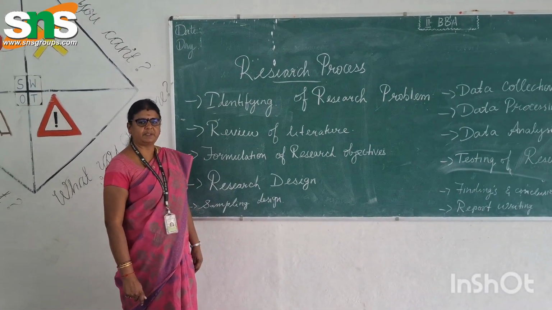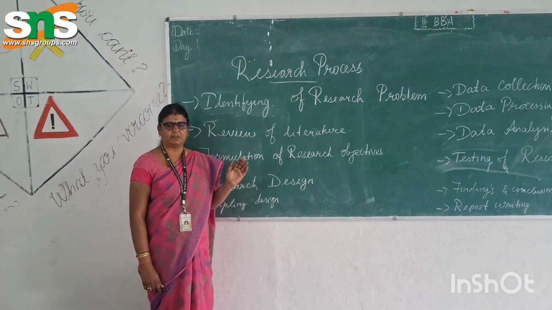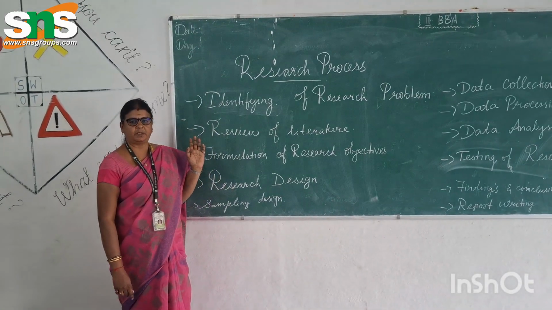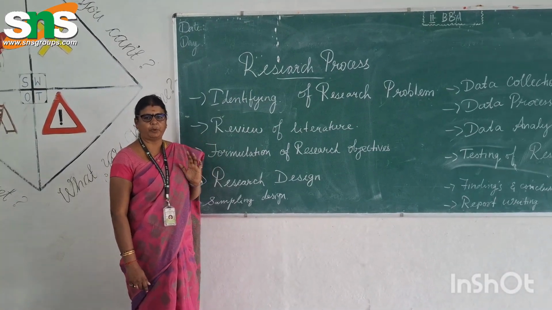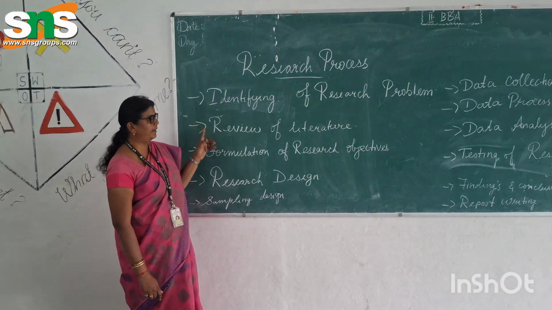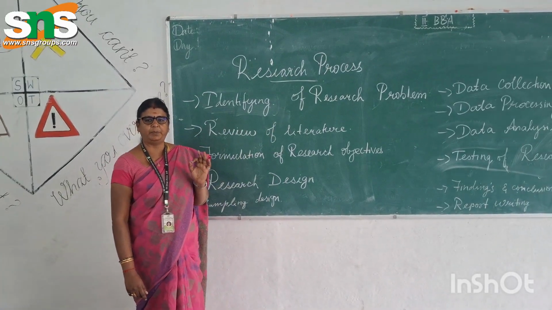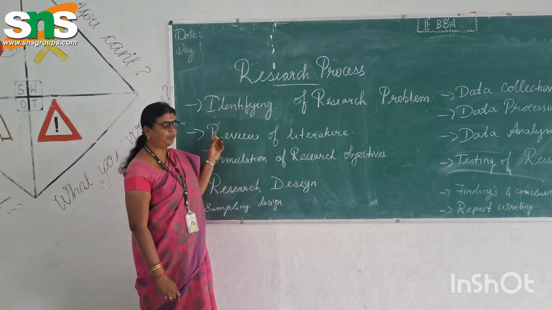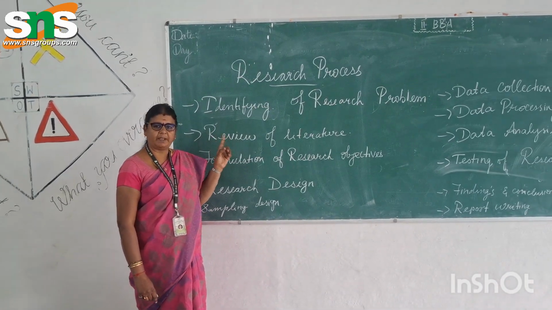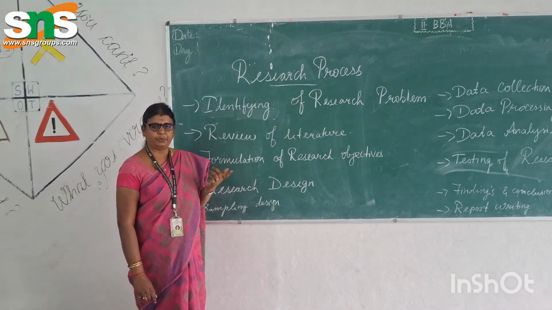Now we are going to see about business research methods, the continuation of the research process. We already saw about research. Research is nothing but researching the existing problems. The first step is the identification of the research problem. A good problem will provide a solution to the people. Here we have to find which problem arises and what solution we are going to give in future.